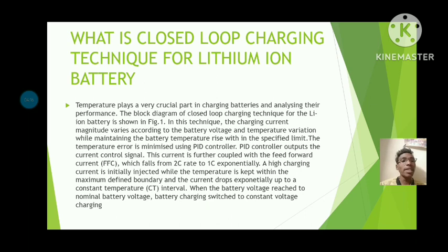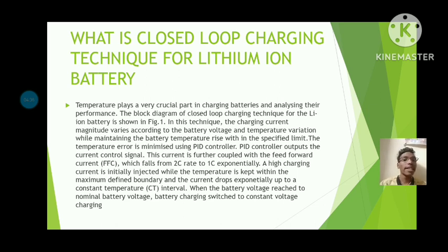The temperature error is minimized using a PID controller. The PID controller outputs the current control signals. This current is further coupled with feed forward current FFC, which falls from 2 Celsius rate to 1 Celsius exponentially.